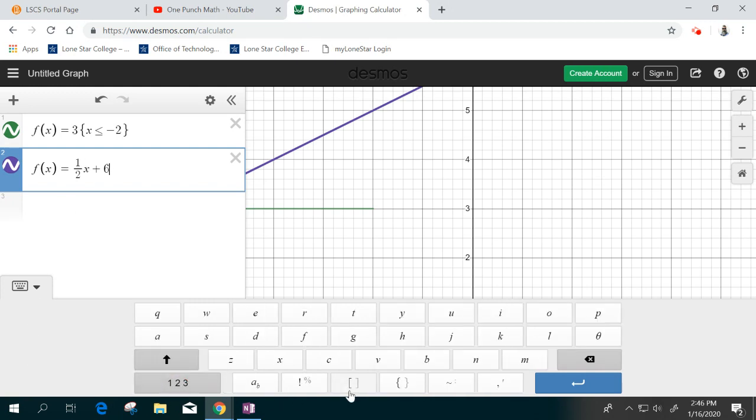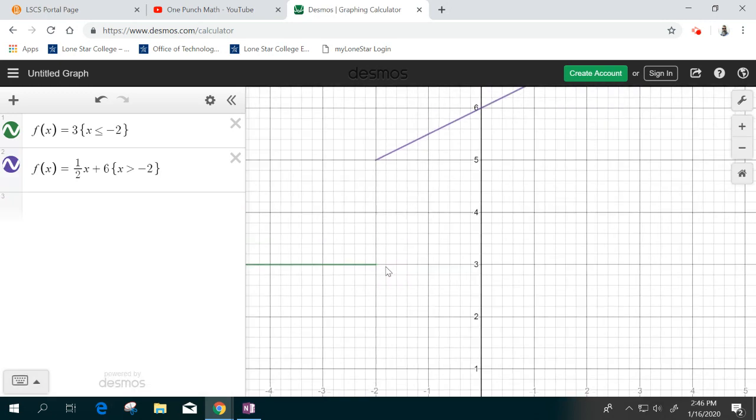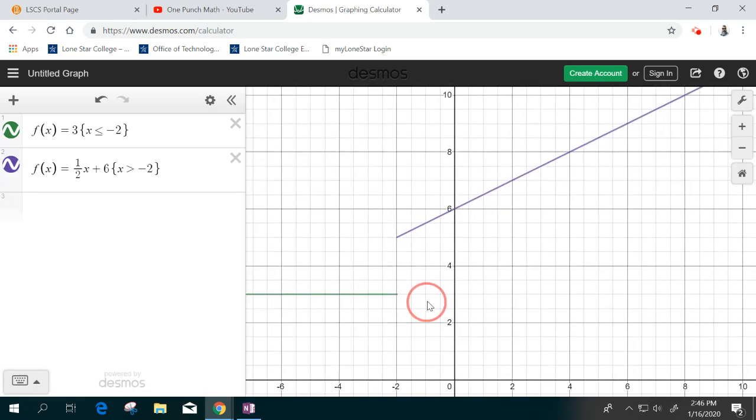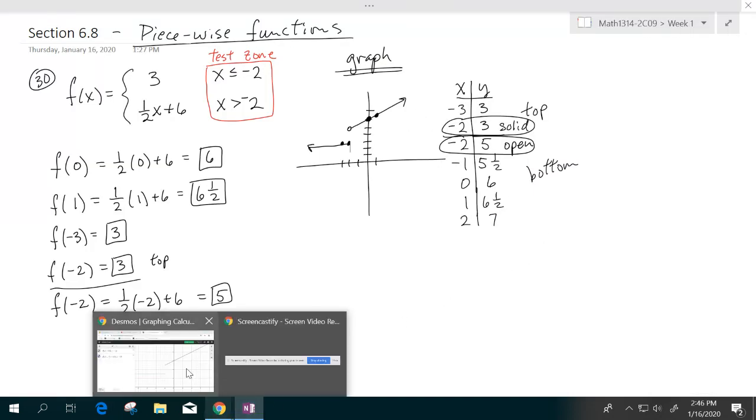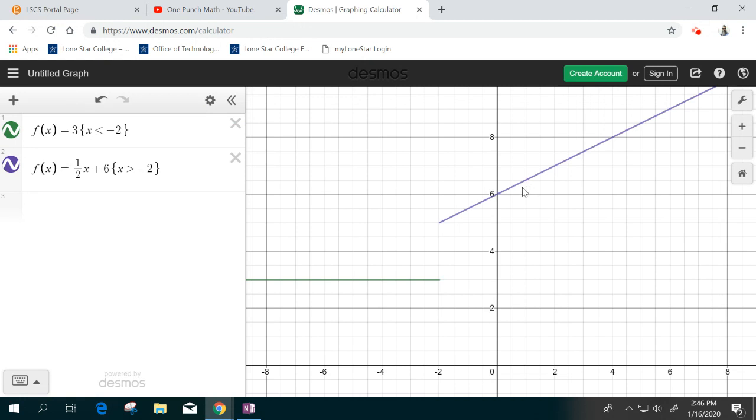So we're going to grab the braces and we're going to say x is greater than -2. And if I scroll out just a little bit, do y'all see that that looks like what I drew? That's what I drew. That's what it shows.